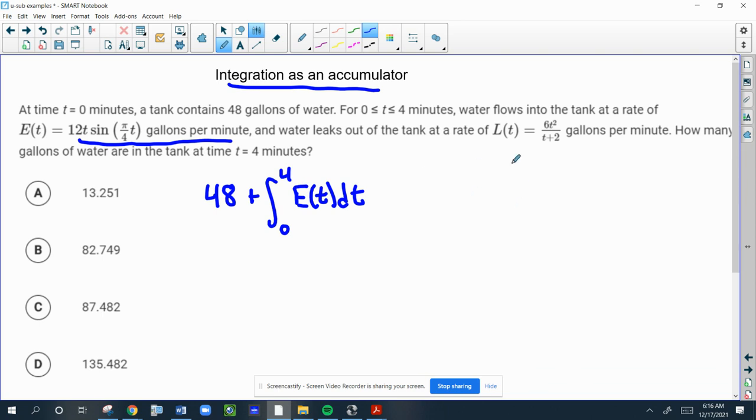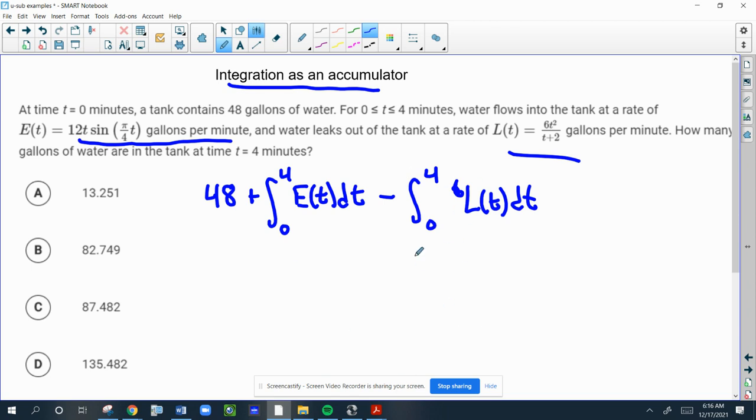But now it says it's also leaking out of the tank at this rate. So we have to subtract the total amount that's leaking out. Oops, L of t. And that's the answer. So we're going to integrate this.